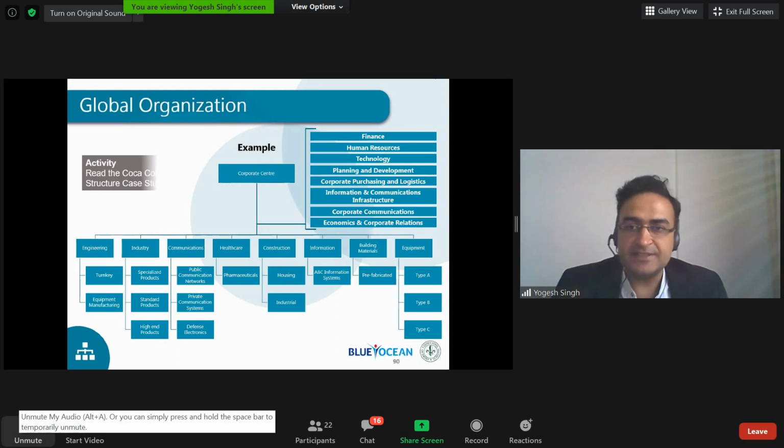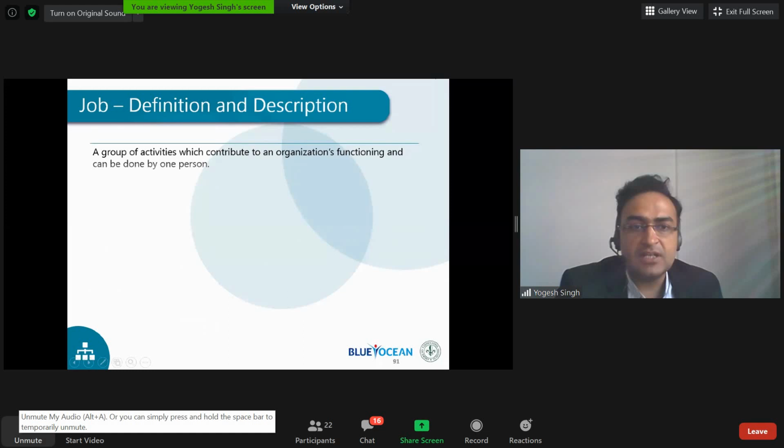And there you can see how Coca-Cola has divided their organization into regions, first into continents and then into different countries, and then countries into, let me give an example of what I am saying. So like I said, Coca-Cola is a regional structure.